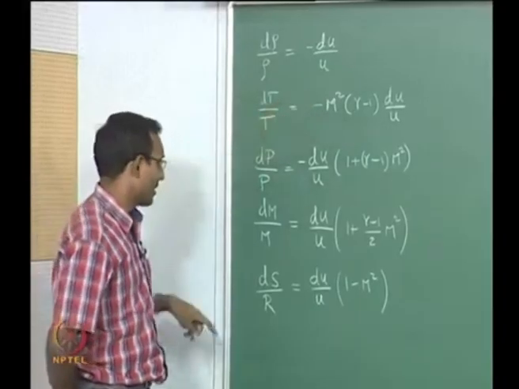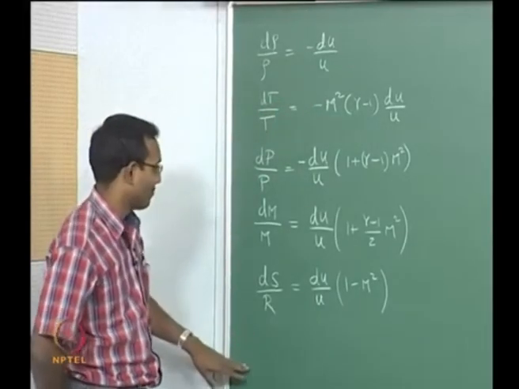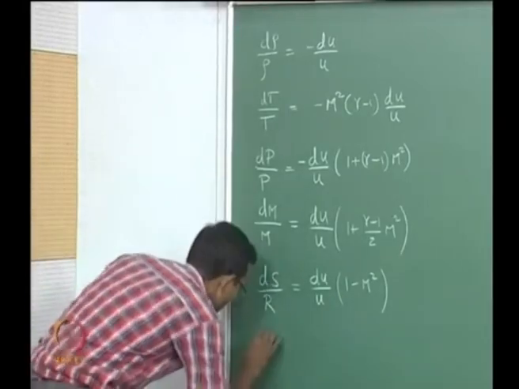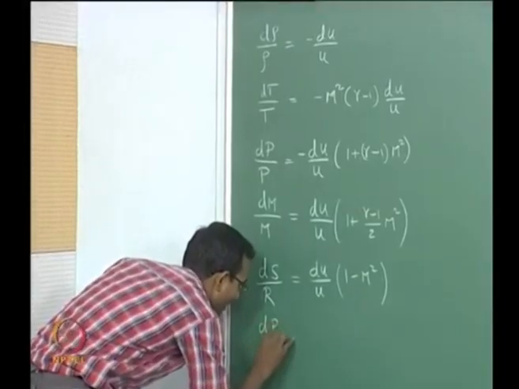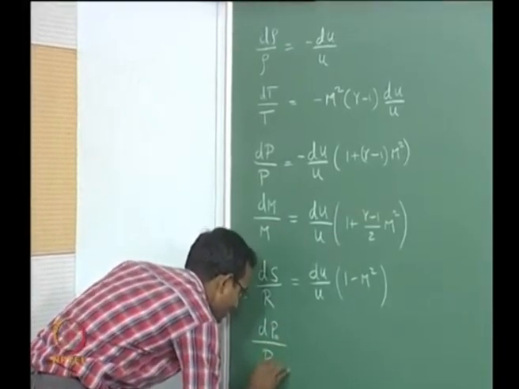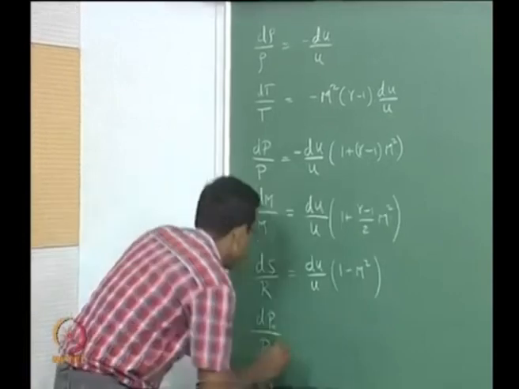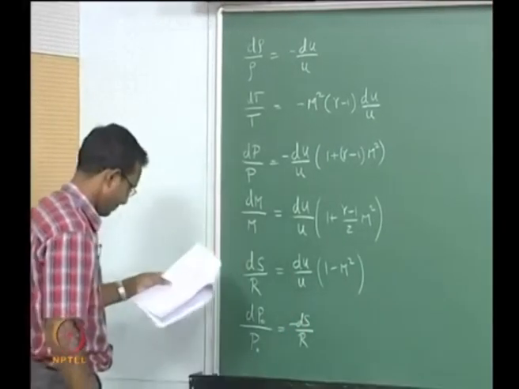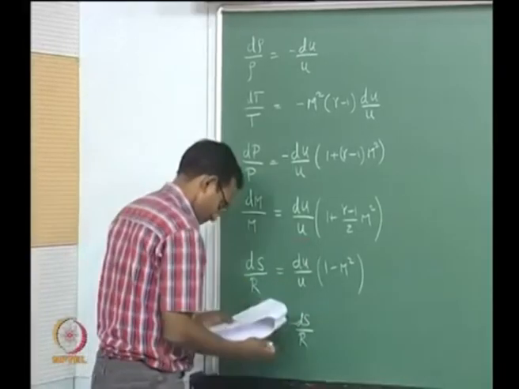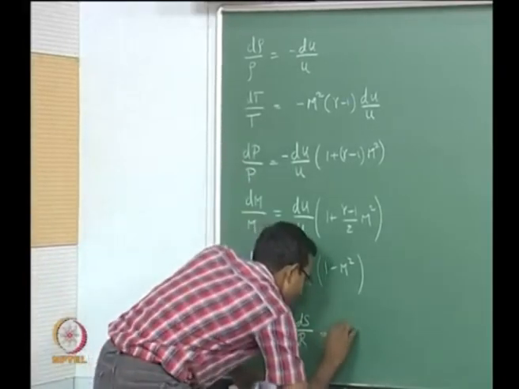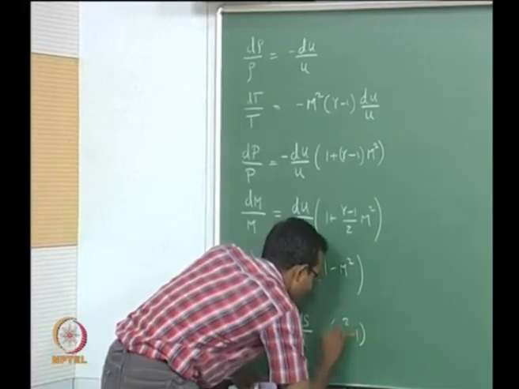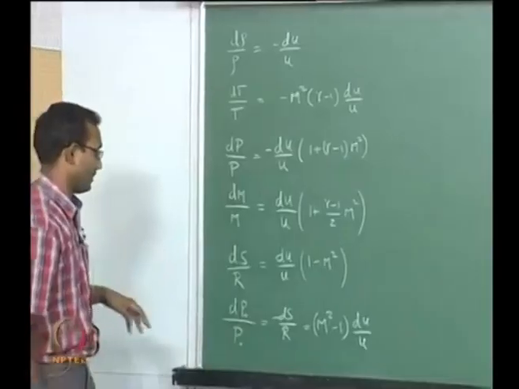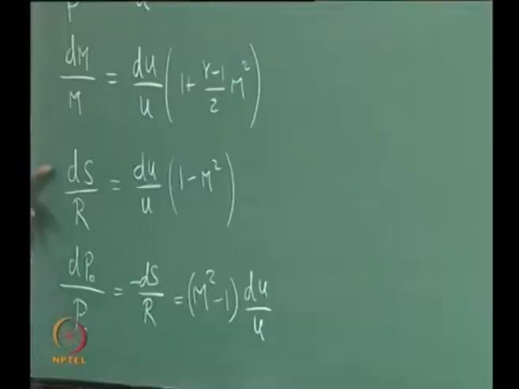I did not write one more here, dP naught by P naught. I will write that also right now. It is not anything great. dP naught by P naught can be shown to be equal to minus dS by R, so it is just the negative of the previous expression there, (M square minus 1) times dU by U. It is just going to come out to be this, just the previous expression negative.